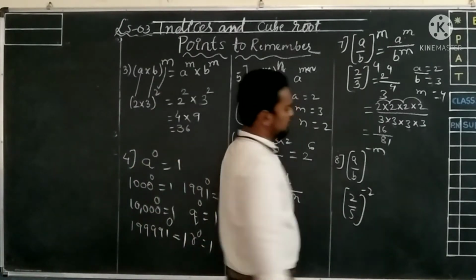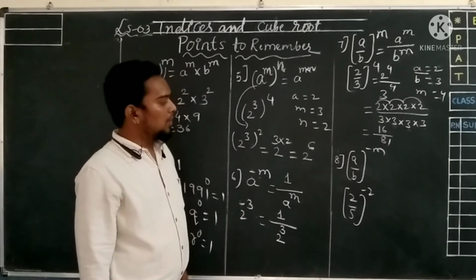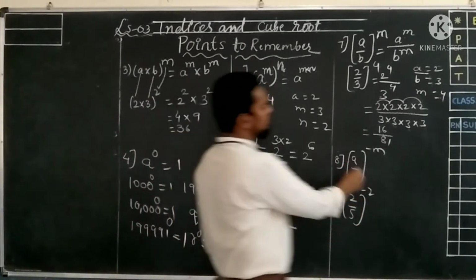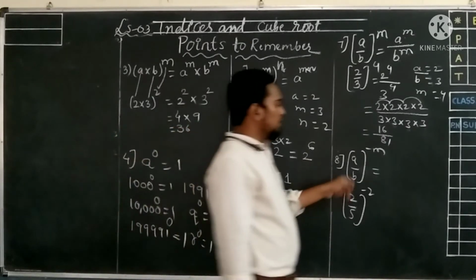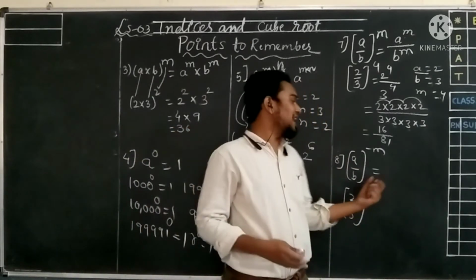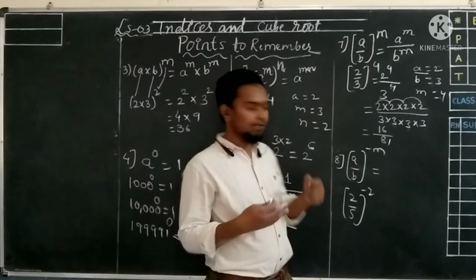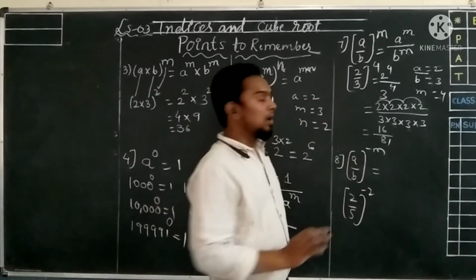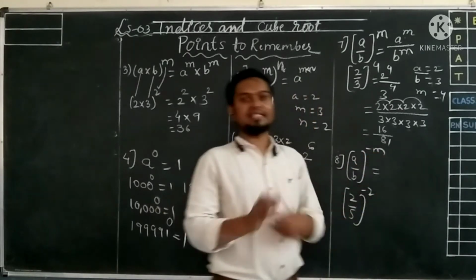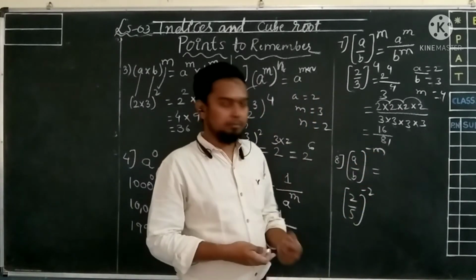Next, eighth law. A upon b whole to the power minus n is equal to. Here, we will interchange the alphabets. Interchange alphabets. That means a upon b becomes b upon a, because this minus n is converted into plus n.